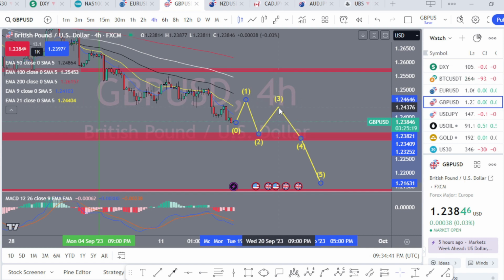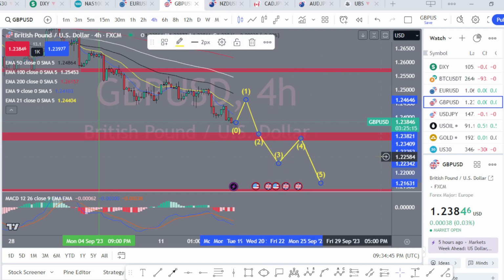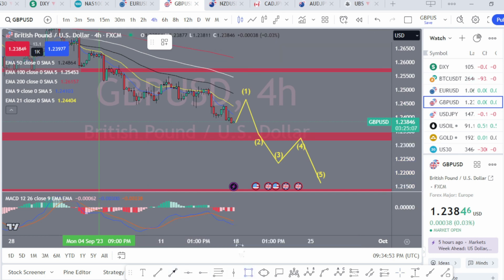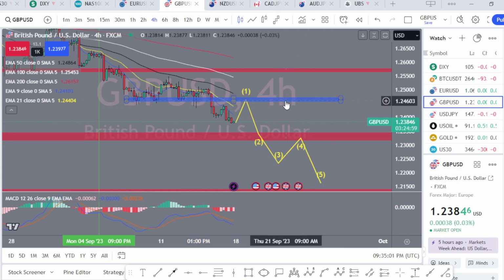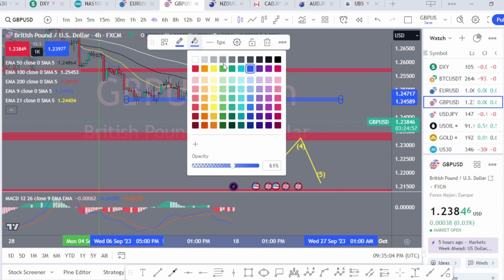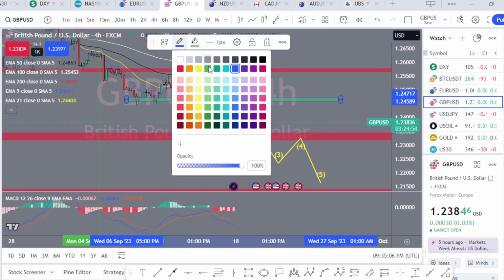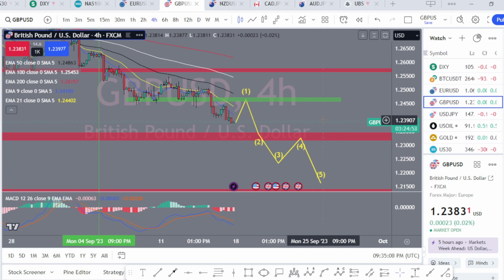It might do this and do this, that's why we need to know there's a 4-hour resistance. If we put a quick little line here, there's a little 4-hour resistance right here. Let me change that to green, because I keep all my 4-hour levels green. So it might be like this.